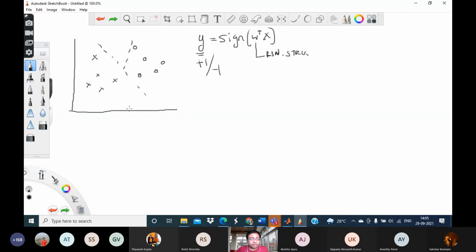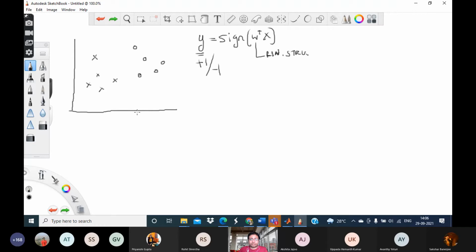But suppose I want the best hyperplane classifier to separate the two classes. Then the question would arise, of course, what is best in this case?